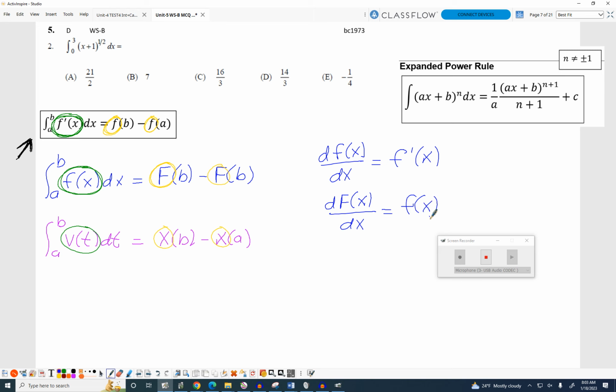The derivative of the position is the velocity. The derivative of small f is f prime. So let's write that one down just to be complete. So the derivative of the position, that is the velocity. That's how the two formulas have to relate to each other.